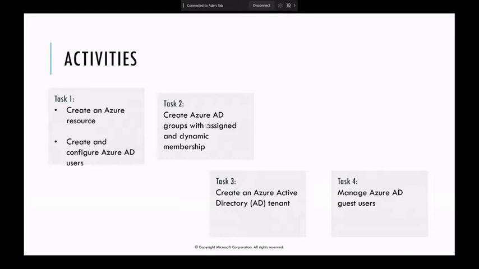For this, to create a dynamic membership, the only caveat is that on your free Azure tenant, you can't do dynamic membership, but you can create a trial Azure AD P1 or probably P2 service.